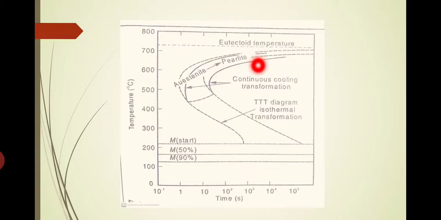If it is isothermally at 700 degrees Celsius, the temperature difference is only 27 degrees Celsius. That means the cooling will take a long time. That is the meaning of slow cooling. So for slow cooling, finally we will get coarse pearlite, as we have discussed along with the TTT diagram. Similarly, for a faster cooling process, we will next get fine pearlite, then bainite, like that.